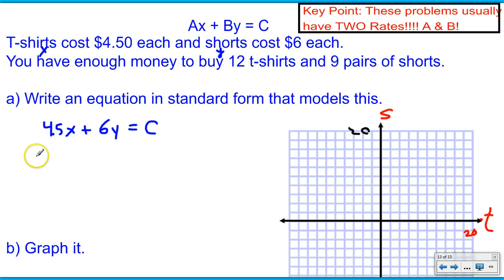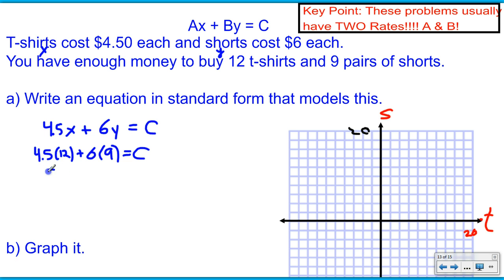We can plug in 12 t-shirts for X. Okay, so we have 4.5 times the 12 t-shirts, and then we can plug in 9 pairs of shorts, right? So 6 times 9. And we're going to find out how much money this person has to spend on t-shirts and shorts total. Okay, so go ahead and calculate.